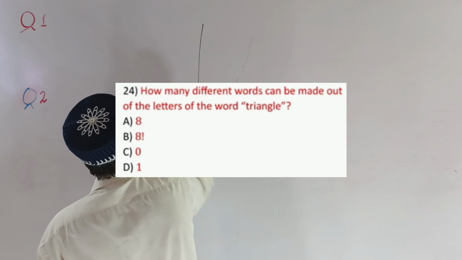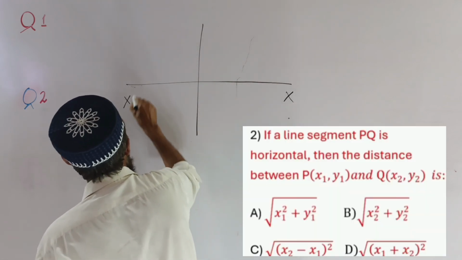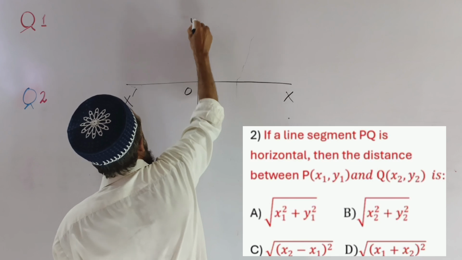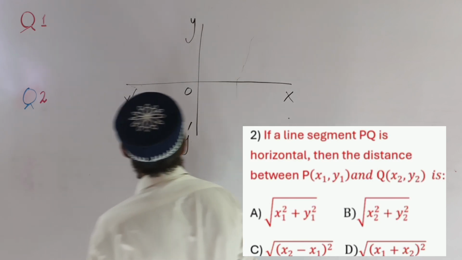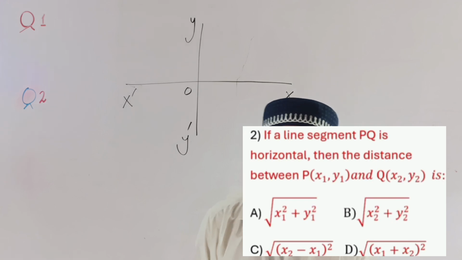So look here, this is the xy plane, x and x dash, origin and y dash, and PQ is a horizontal line segment.